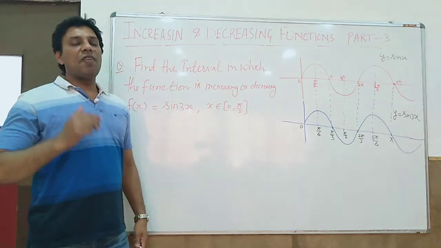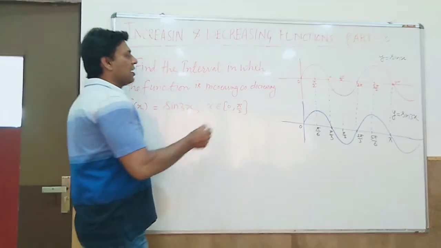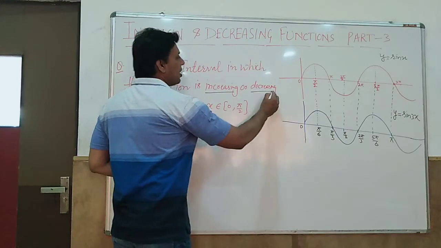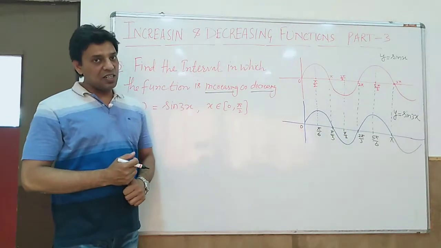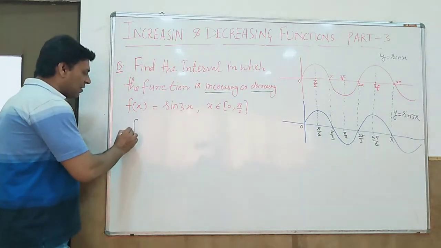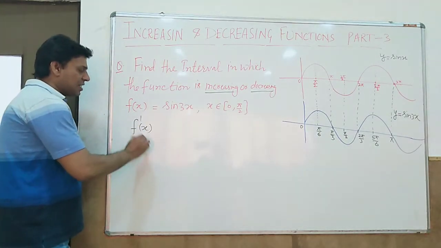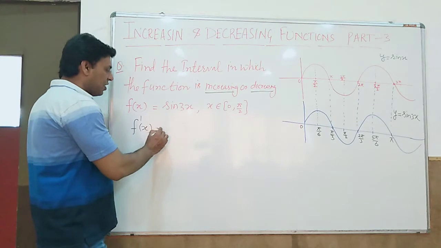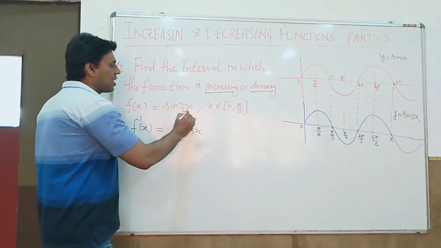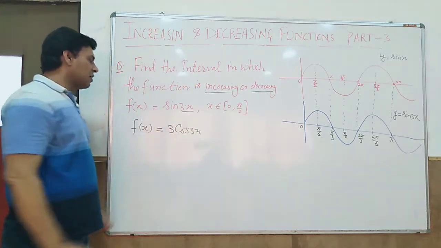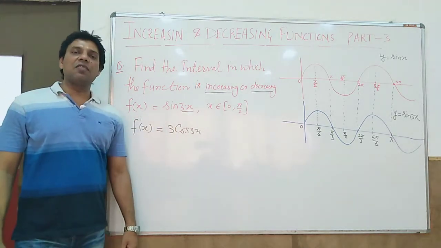Whenever we are going to check whether the function is increasing or decreasing, we have to find the derivative of the function. So we will find the derivative, that is f dash x, which will be the differentiation of sin 3x, cos 3x, and because of 3x, into 3. So this is the derivative of the function.